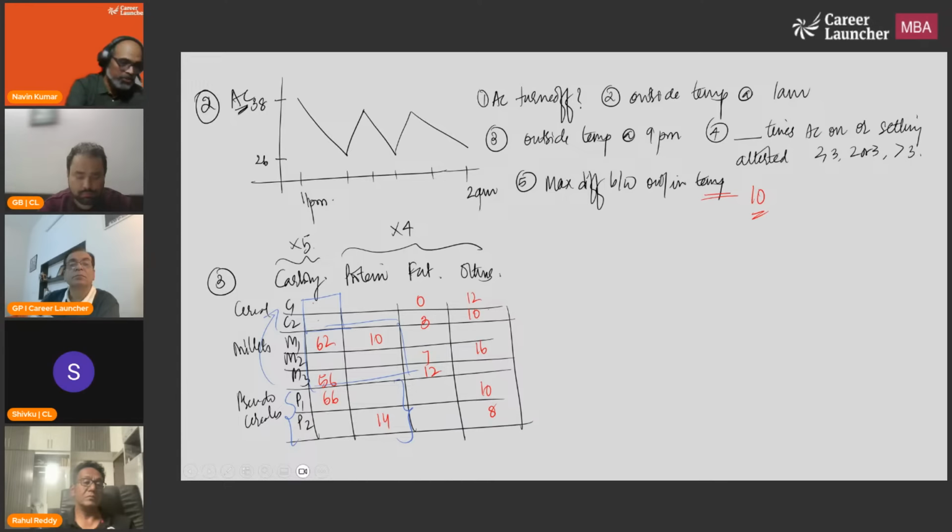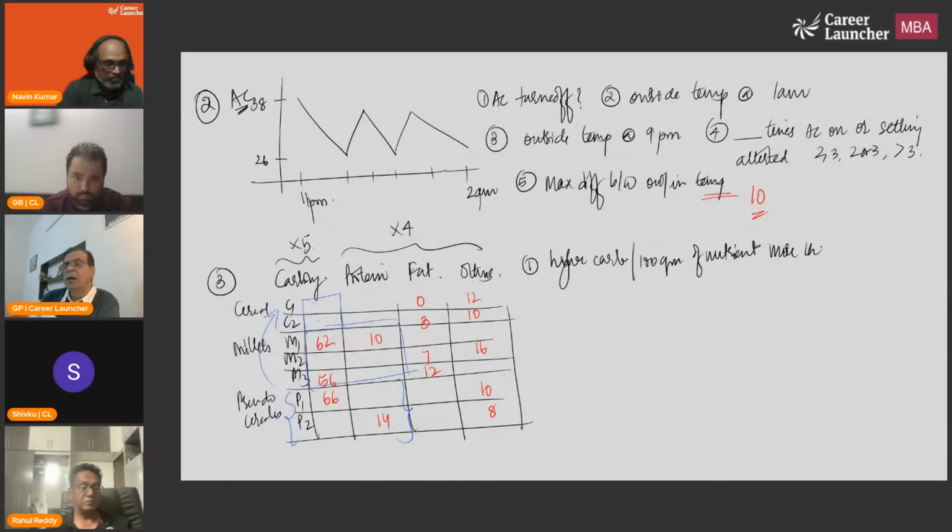और questions were: higher carb. So पहला question था higher carb per 100 gram of nutrient more than M1. ठीक है, and they are talking about 62 से ज्यादा कितने ऐसे थे जिसको आएगा.